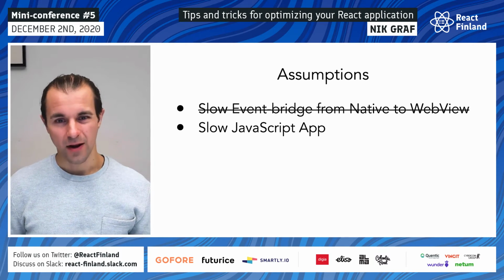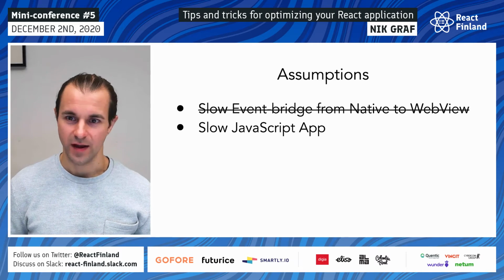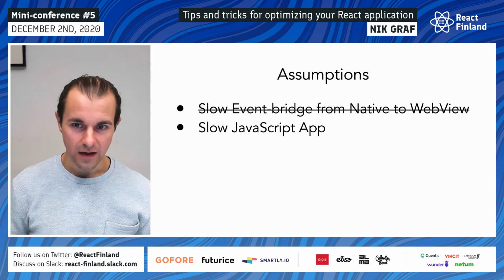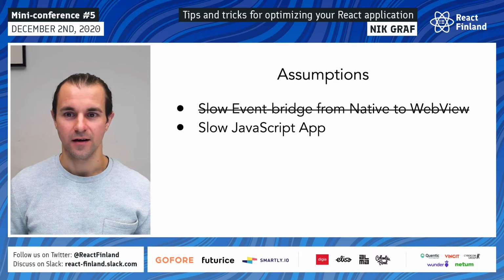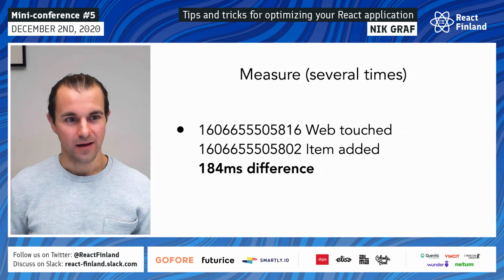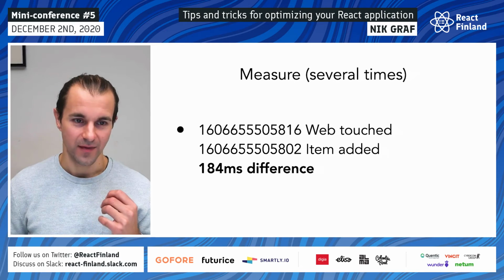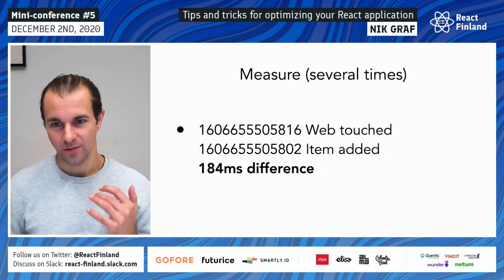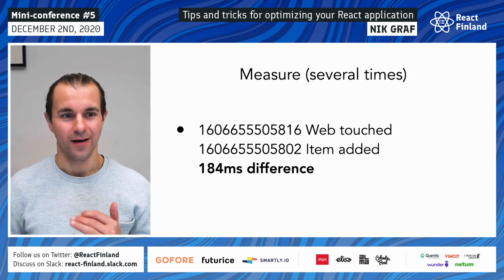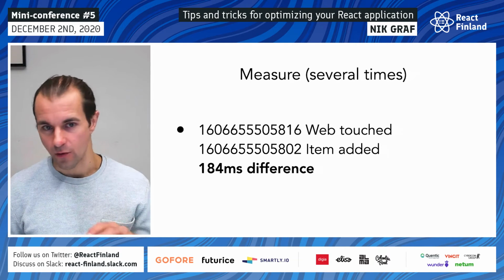So we had this second assumption, that the JavaScript app is very, very slow. So we looked at differences on the actual device. Again, what's happening between a touch end in the web and the actual point in time when an item is added to a row.